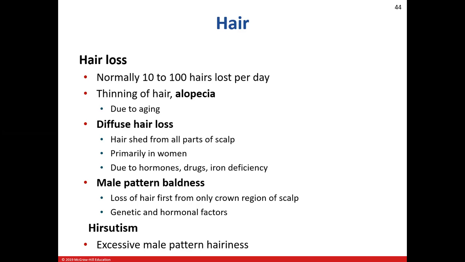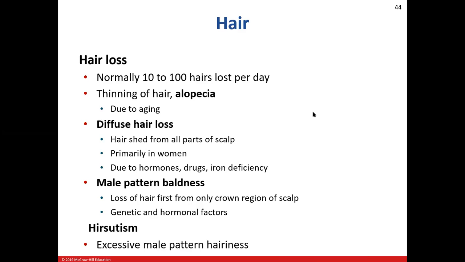This is where we start to see hair that gets shed from all different parts of the scalp. Oftentimes we see this in women, and it can be the result of several different things. It can be due to hormonal changes, iron deficiency, and it can also be due to drugs, both what we would consider some of the street kind, but also things that we may find in chemotherapy for cancers.